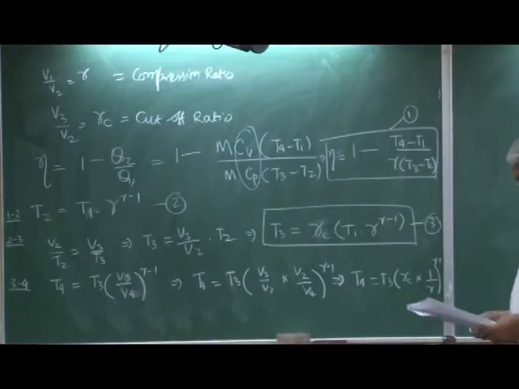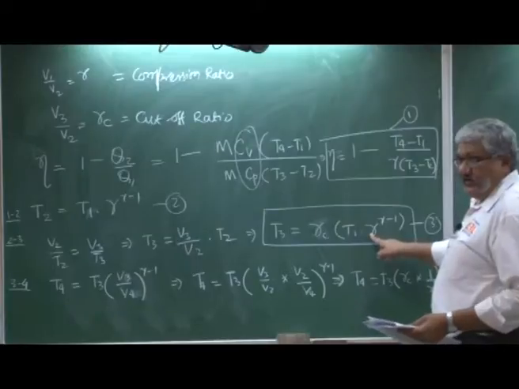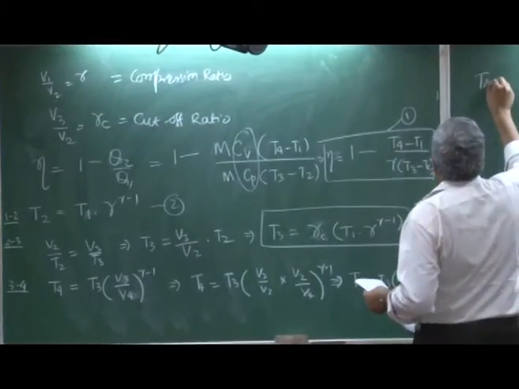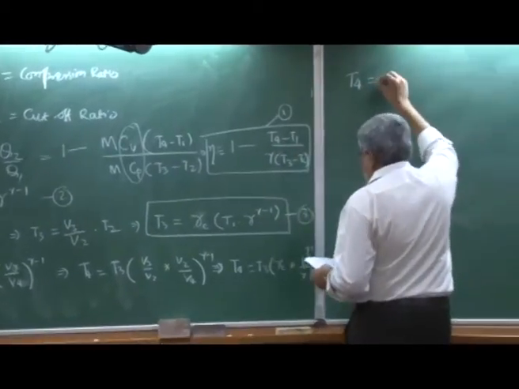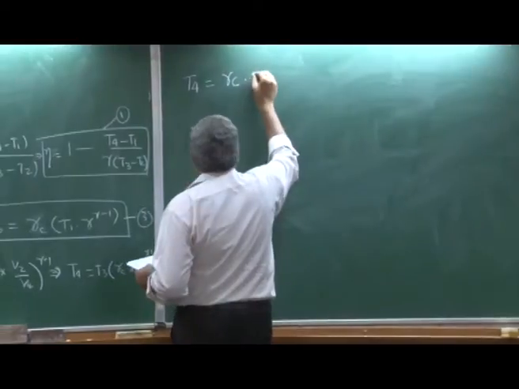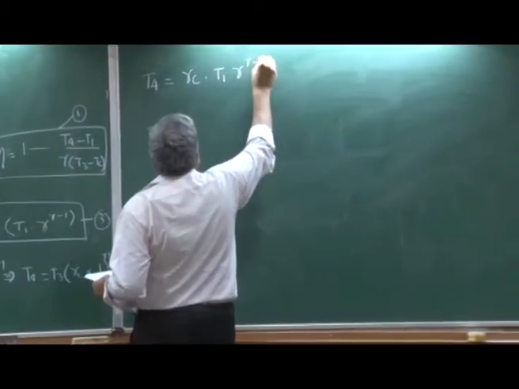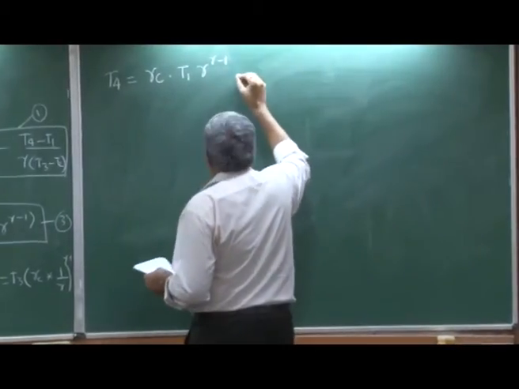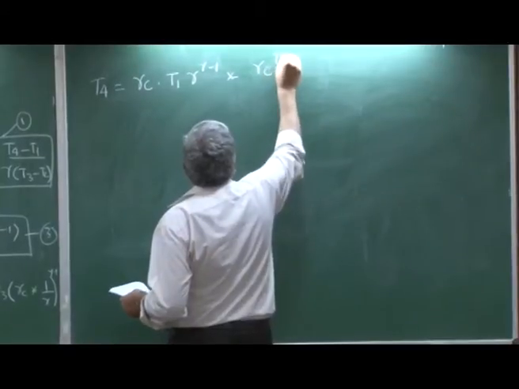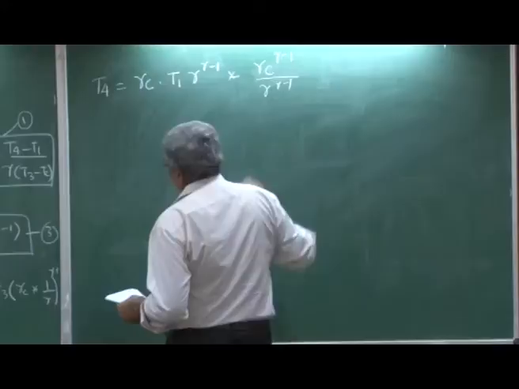I know T3 from here, so I can expand this: T4 is equal to rc into T1 into r to the power gamma minus 1 into rc to the power gamma minus 1 divided by r to the power gamma minus 1.